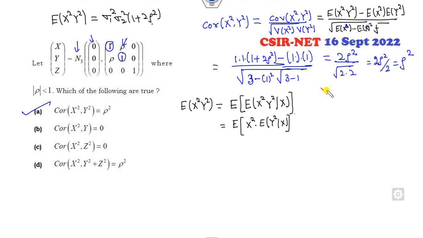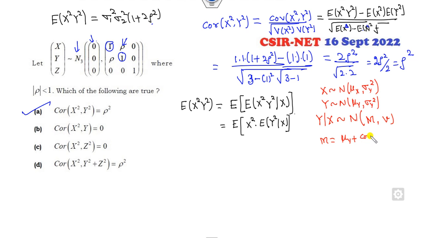Now we all know that if x follows the normal distribution with the mean mu x and variance sigma x square, and y follows the normal distribution with the mean mu y and sigma y square, then y given x also follows the normal distribution with the mean mu y plus covariance divided by sigma x square into x minus x bar, and the variance is 1 minus rho square times sigma y square.